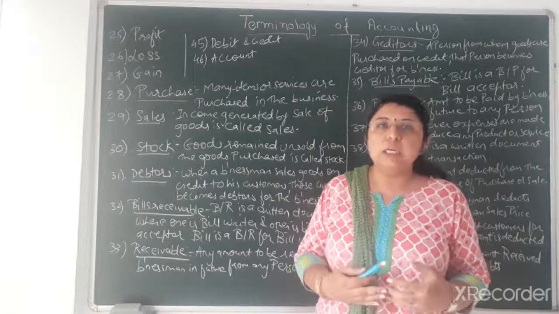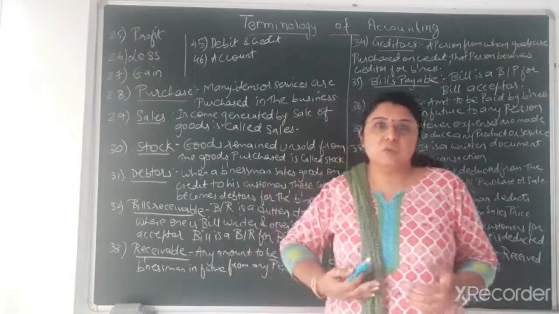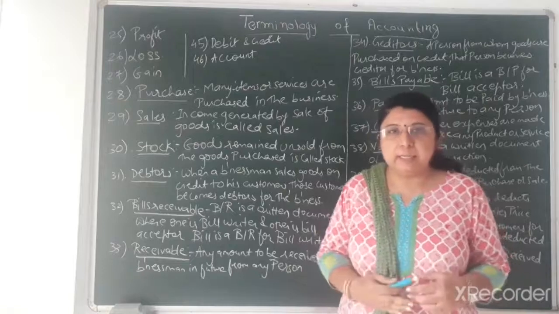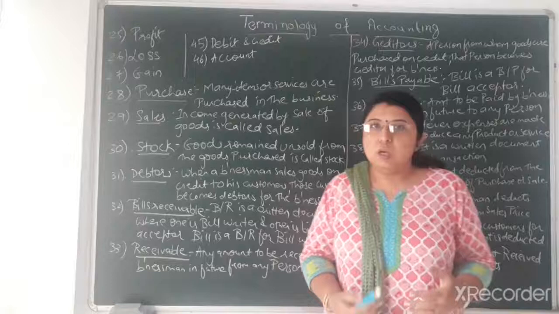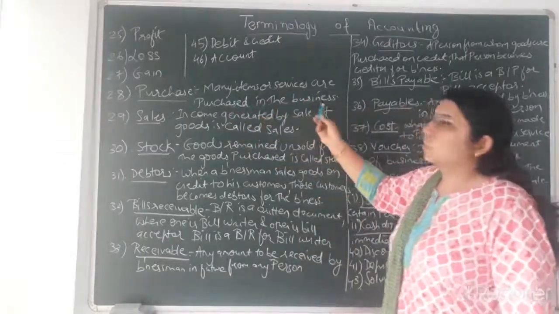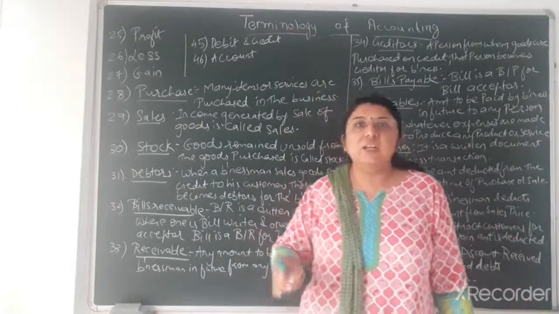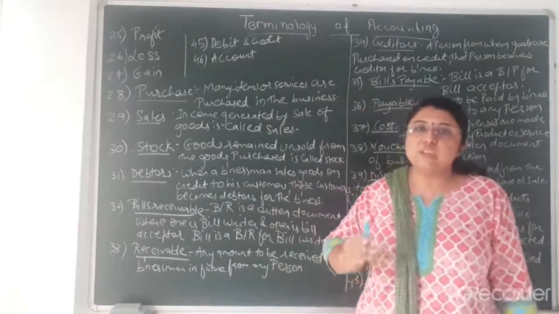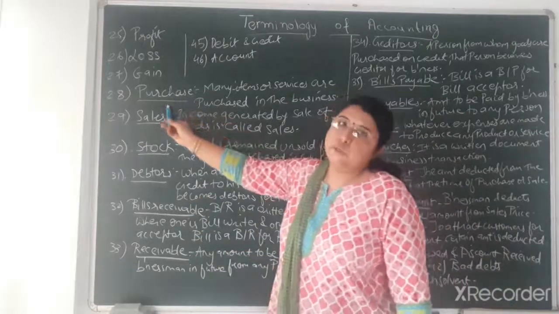That raw material which we are purchasing, or whatever the services of the laborers that we are getting for the manufacturing of goods, that is called purchase. Okay, so many items or services are purchased in the business, but only the goods that we are purchasing for the manufacturing of the finished goods, that comes in the category of purchase.